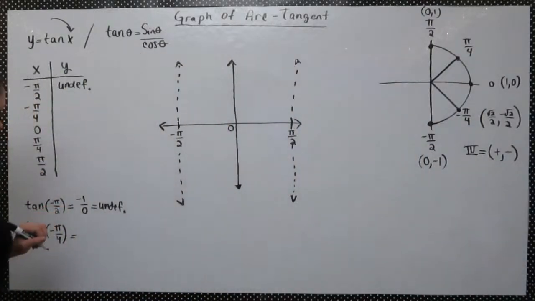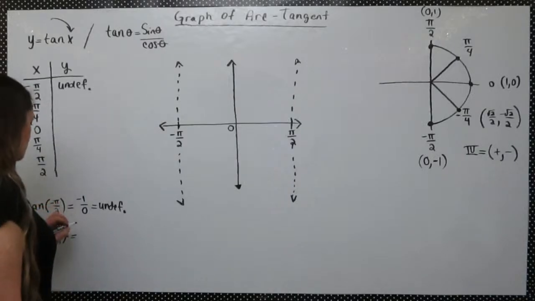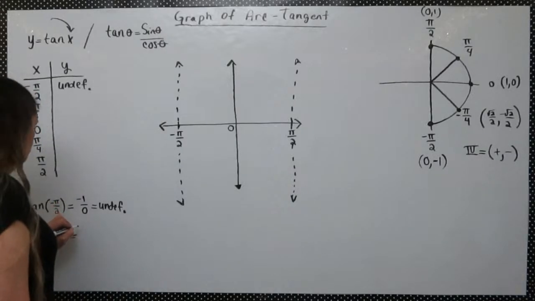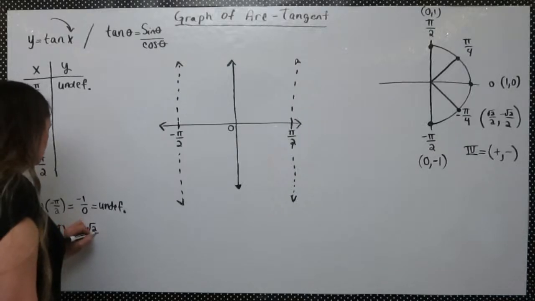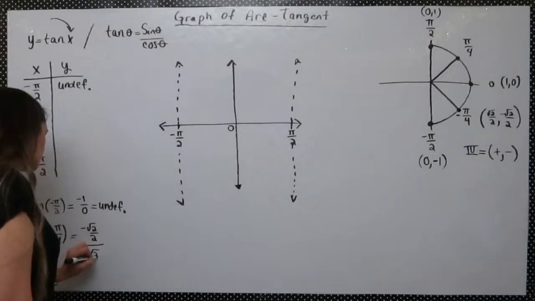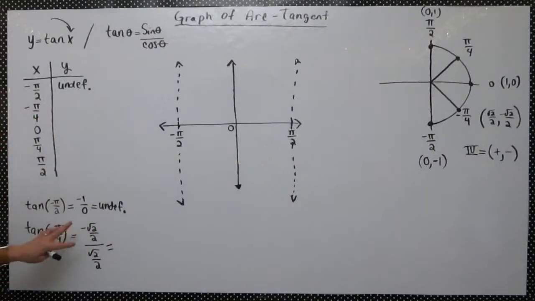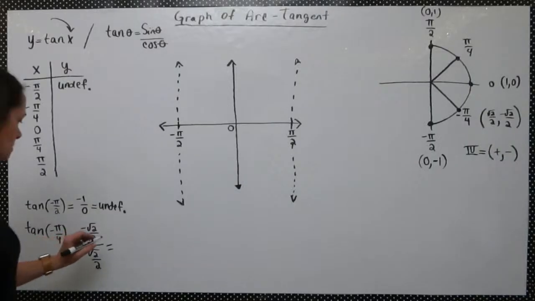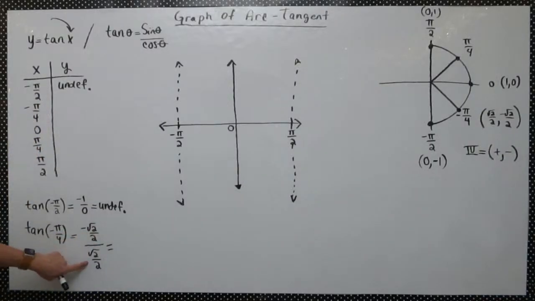the tangent of negative pi over 4 is sine over cosine. So you're doing negative radical 2 over 2 divided by positive radical 2 over 2. And doing all this math, you figure out that, well, when you're dividing fractions, you're inverting whatever's in your denominator and multiplying.